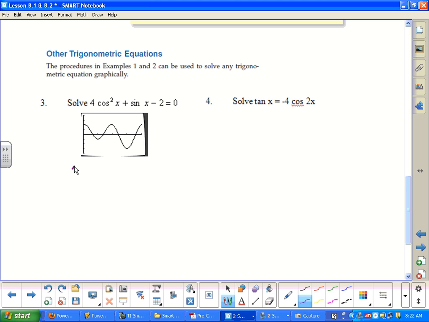Okay, so I found 2 of them. I found the first 2. Who's got the other 2, or one of the other 2?